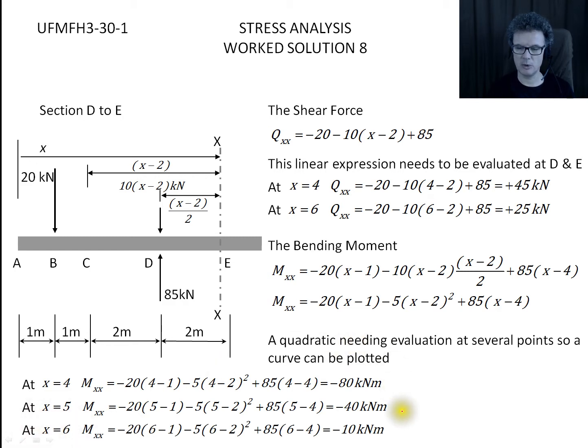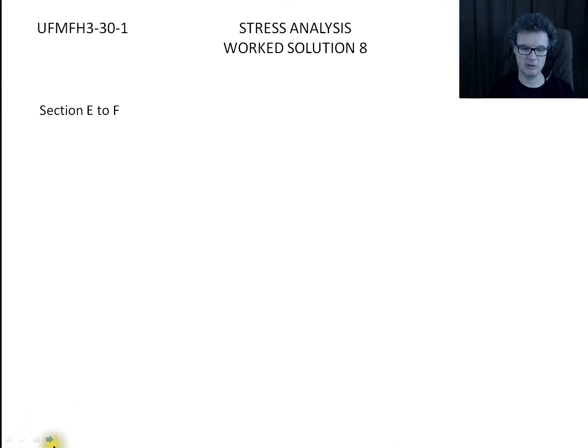So we really would want more than this in an exam type scenario, but we can plot it to be this value when x equals 4, this value when x equals 5, and this value when x equals 6. So that's how my M is going to vary. That will give me a sense of how the curve should behave.